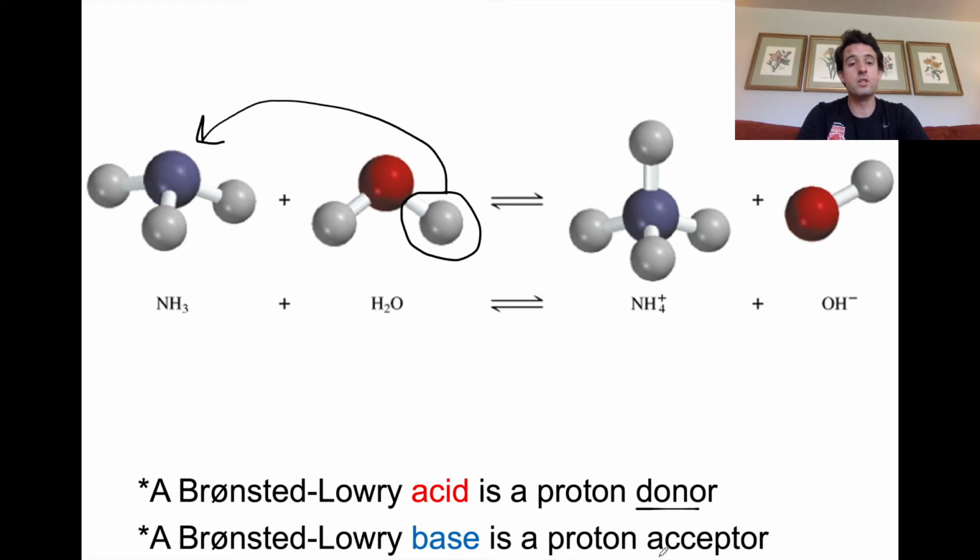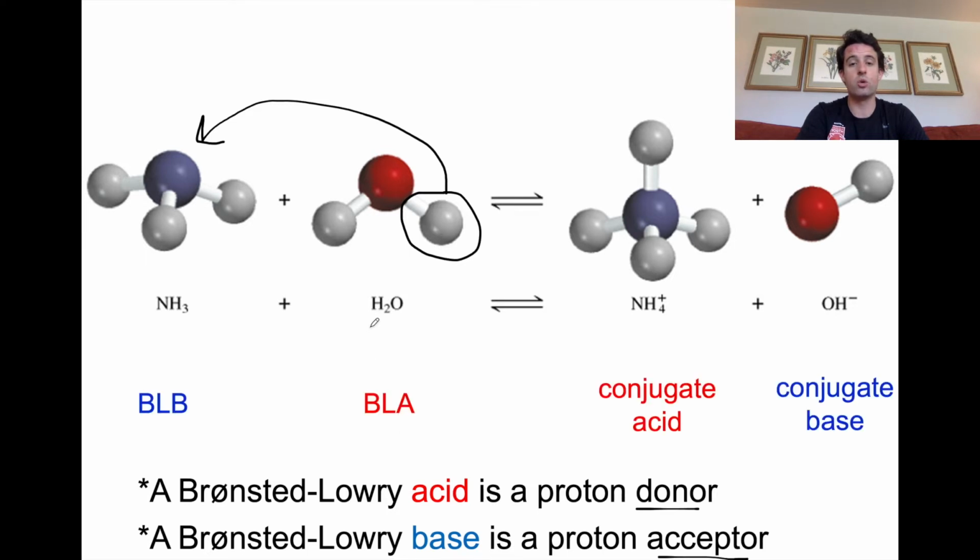So our acid, in this case H2O, is going to donate an H+ to NH3. H2O is our acid because it's more acidic than NH3, which means NH3 is our base. And we notice that NH3 accepts a proton from H2O. So we do see that transfer here.